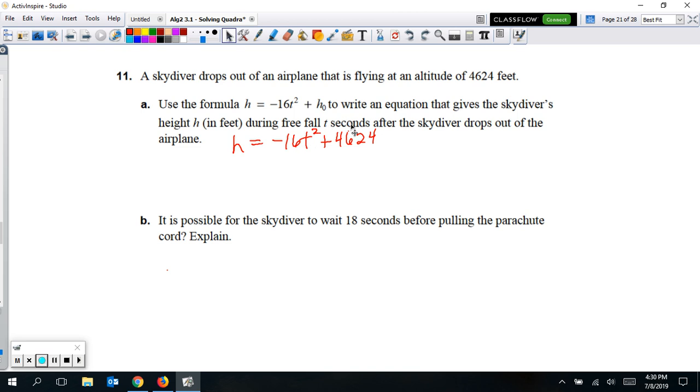So what we could do is we could say, okay, after 18 seconds, how high is our skydiver? So if you plug in 18 for t right here, and then solve for h, that may help you figure this answer out.